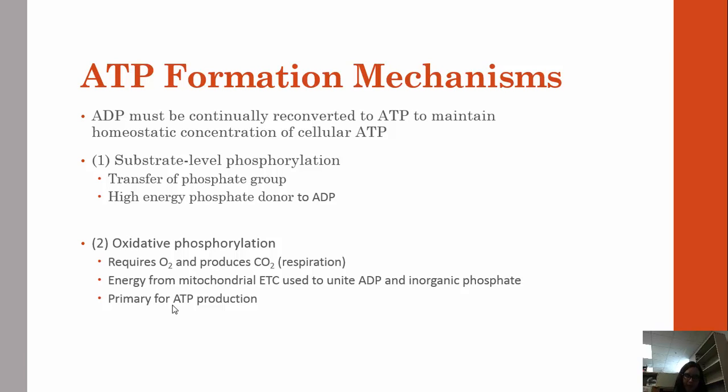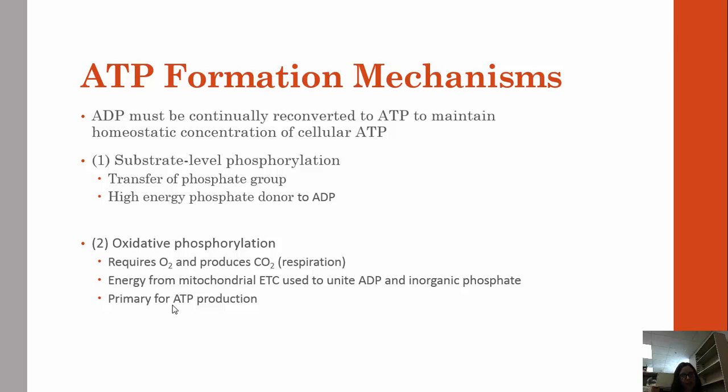Now, the more relevant way that we have ATP formation is through oxidative phosphorylation, or I should say most relevant to our conversation. And this is the primary method of ATP production. Now, again, we just have to look at the name to have an understanding of what's happening here. Oxidative phosphorylation. Therefore, we require oxygen. And in the process, we produce carbon dioxide.